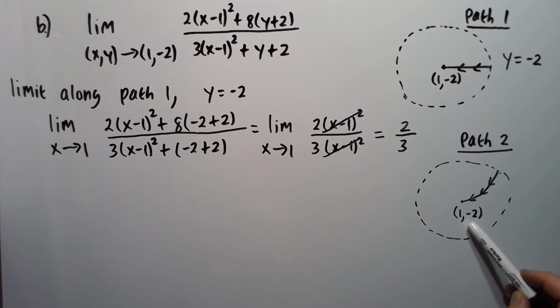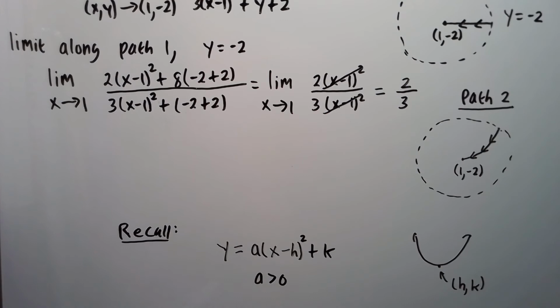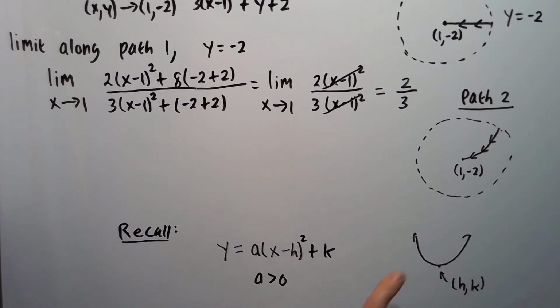Let's recall how to write the equation of a parabola. The equation of a parabola with vertex (h, k) opening up would be y = a(x − h)² + k, with a being bigger than 0. We're going to apply that to our problem. Our vertex is (1, -2), so that's our h, and that's our k.